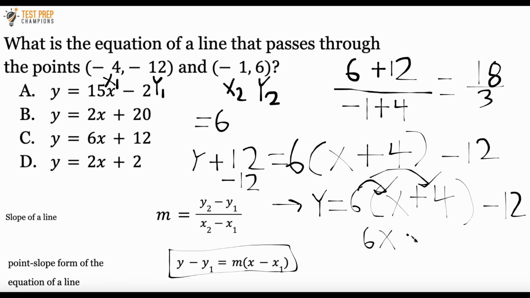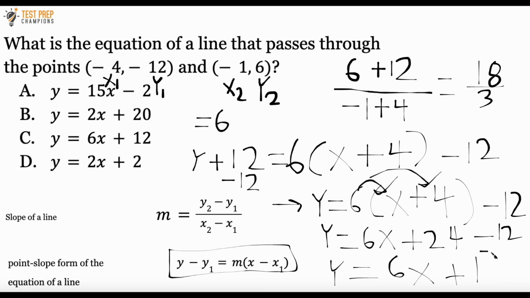And 6 times 4 is 24. And then I still have this minus 12. So to finish out here, what I'm going to do is 24 minus 12. So 24 minus 12 is positive 12. So the answer is y equals 6x plus 12. So C is the correct answer here.